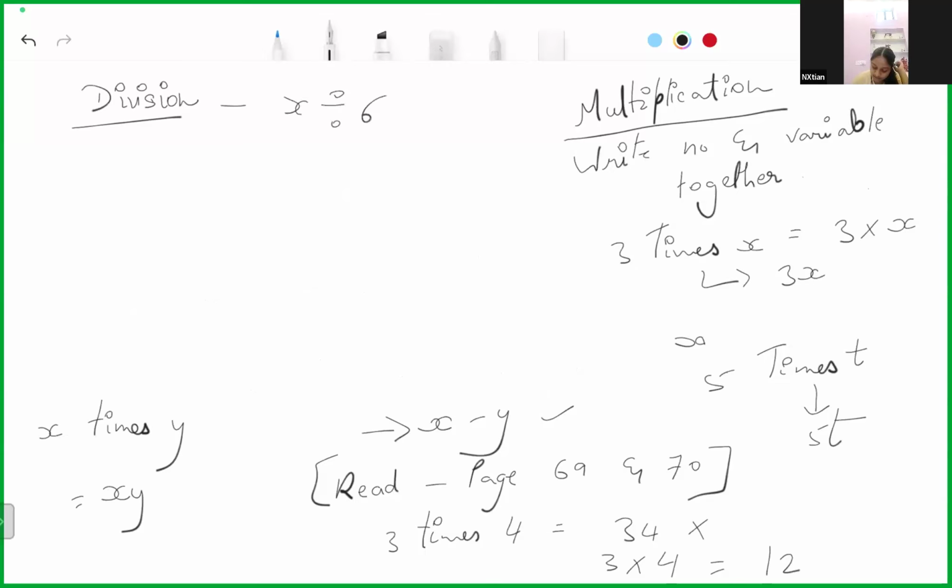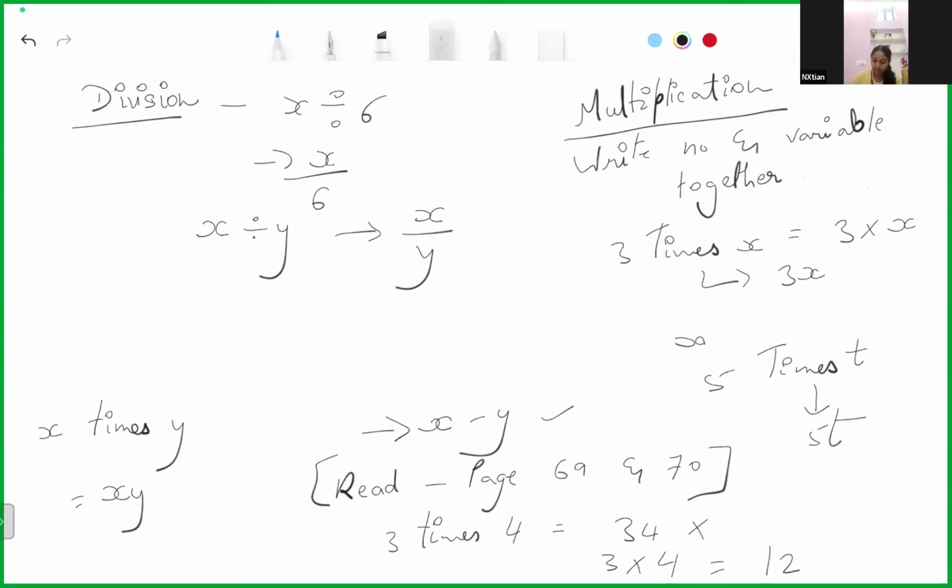I can write it like x by 6, x upon 6. Or if I have x divided by y, I can write it like this, x upon y. You can write it with upon.